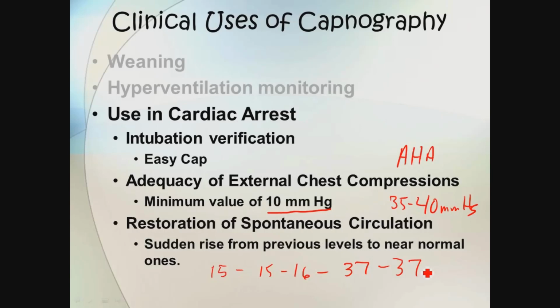So I'm at a level between 10 and 20 typically, and all of a sudden it spikes up. And that's all that CO2 that was peripherally trapped because of poor cardiac output now being picked up and brought back. And it's an indication to evaluate the patient for that, what they call ROSC, R-O-S-C, restoration of spontaneous circulation.